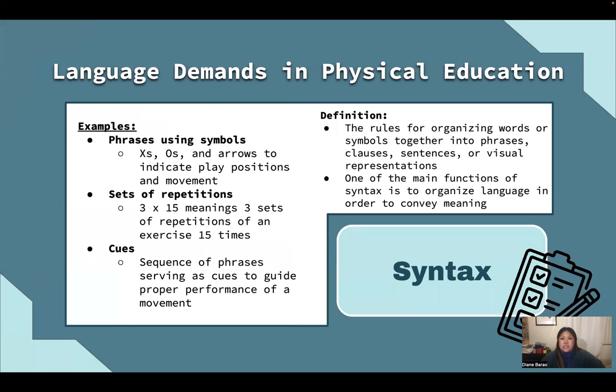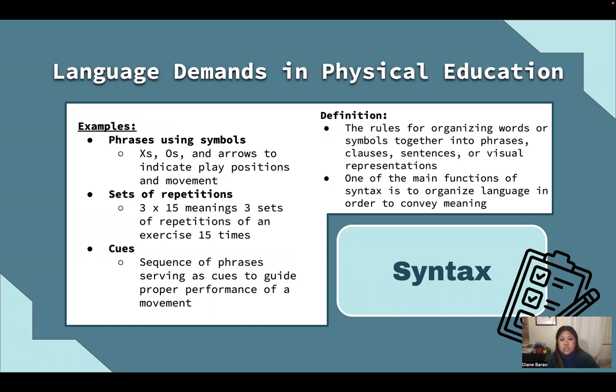Lastly, we have syntax. So these are the rules for organizing words or symbols together into phrases, clauses, sentences, or visual representations. One of the main functions of syntax is to organize language in order to convey meaning. So for our examples, phrases using symbols, you'll see like a coach using X's and O's and arrows to show a play on the whiteboard.